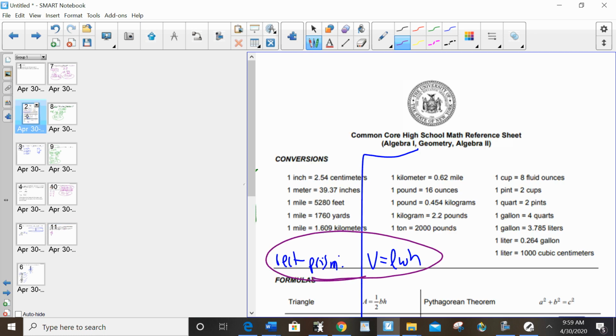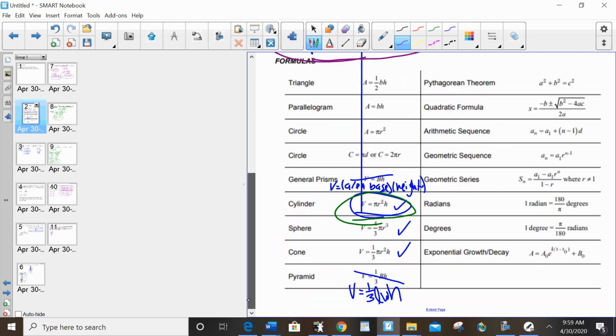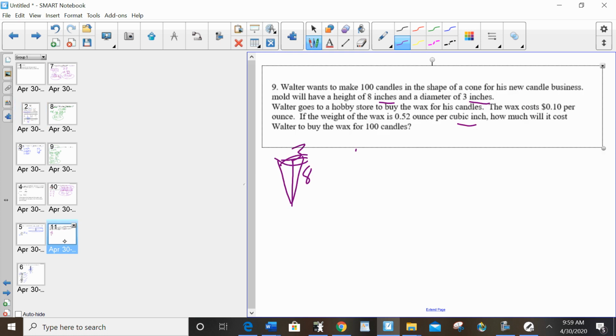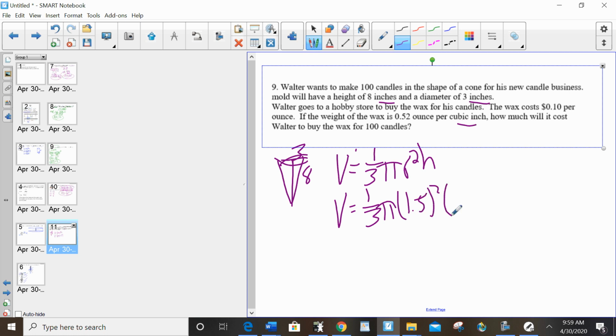So cone, I go to my reference sheet. Cone is V equals 1/3 pi r squared h. 1/3 pi. The radius is 1.5. The height is 8.